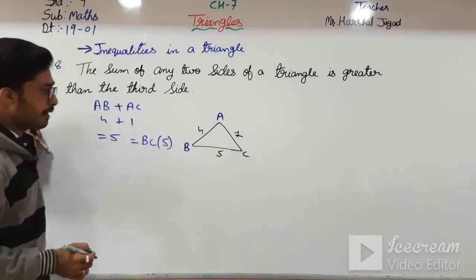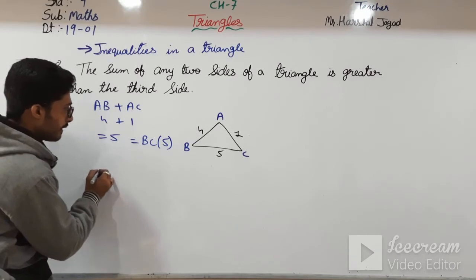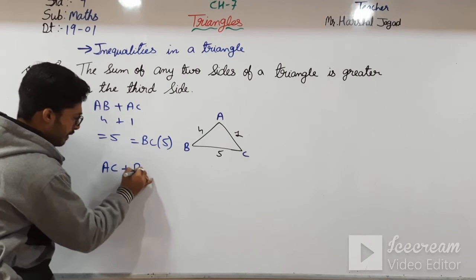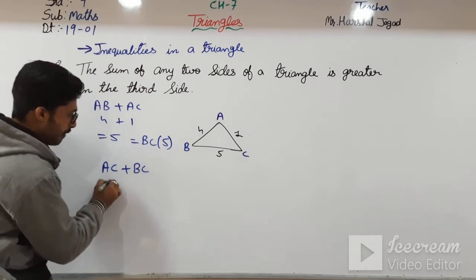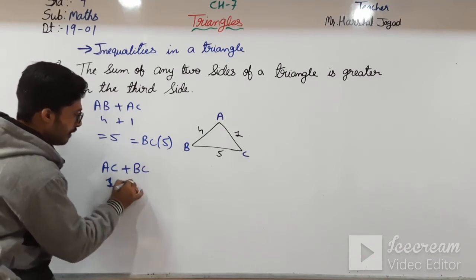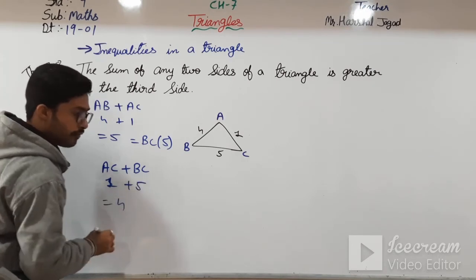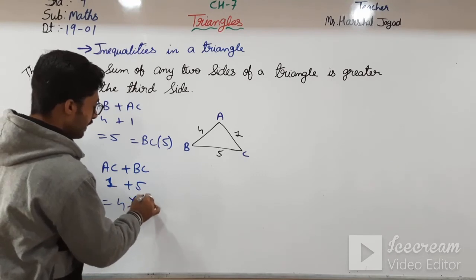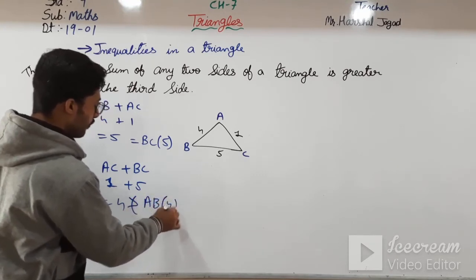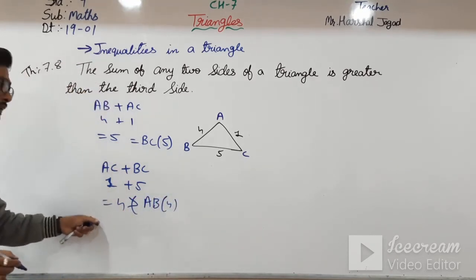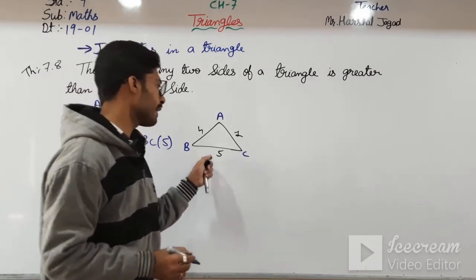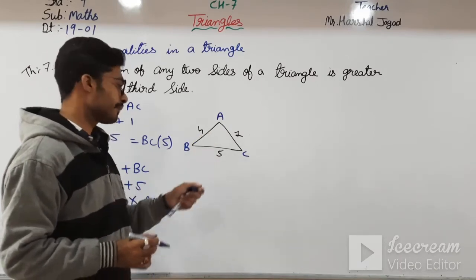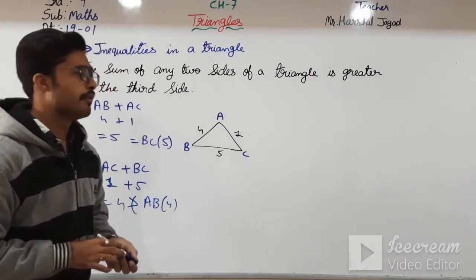Let us take another one: AC plus BC, 1 plus 5, is 6, which is greater than AB, which is 4. You can see here it is equal, and here it is greater. And if I take 5 plus 4, it will be 9, which is greater, so this triangle can be formed.